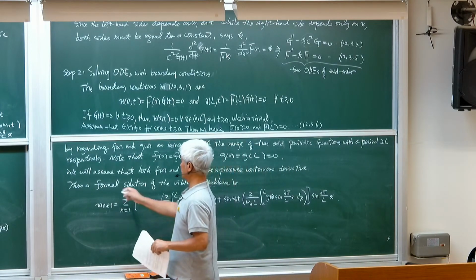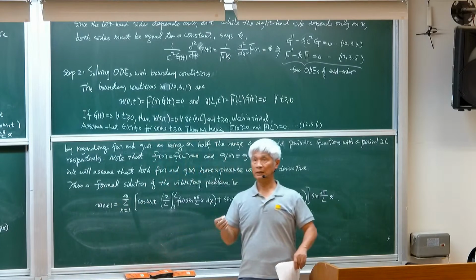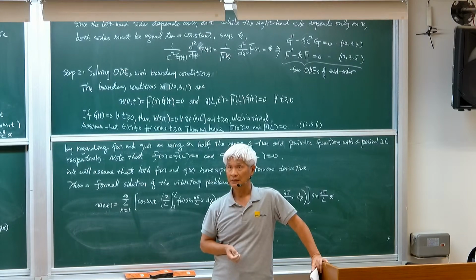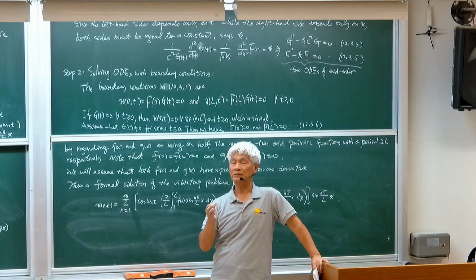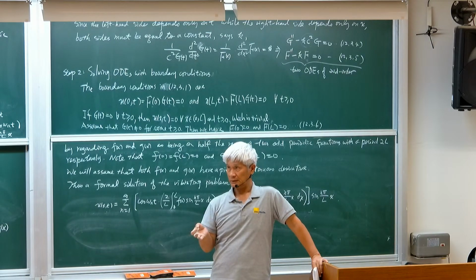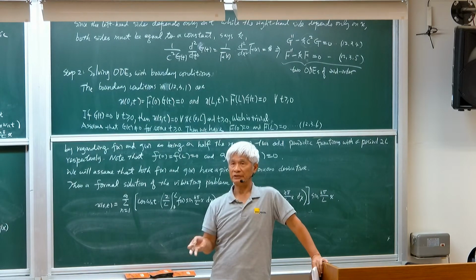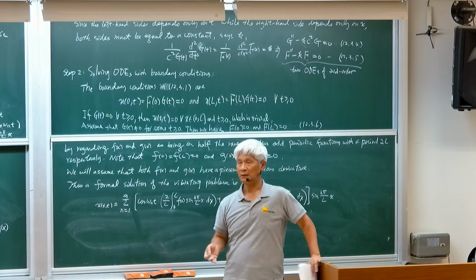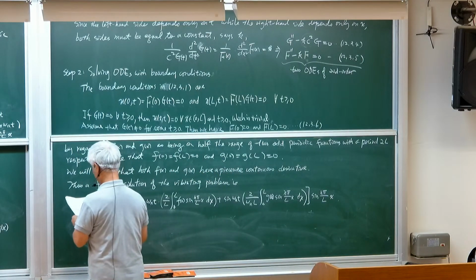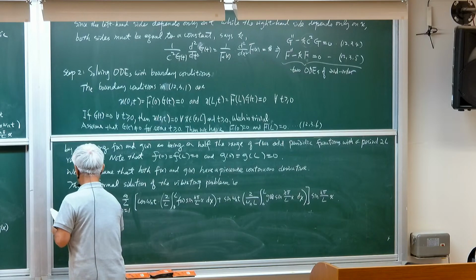Alright, so we have a formal solution, just like we studied in section 11.3, where we created a conjectural solution as a series of sinusoidal functions. So we have to check whether they are indeed solutions.